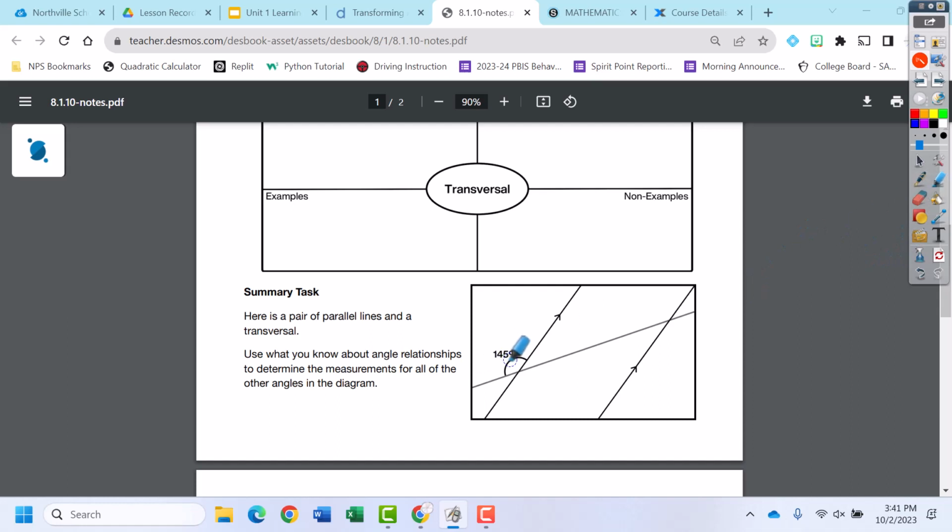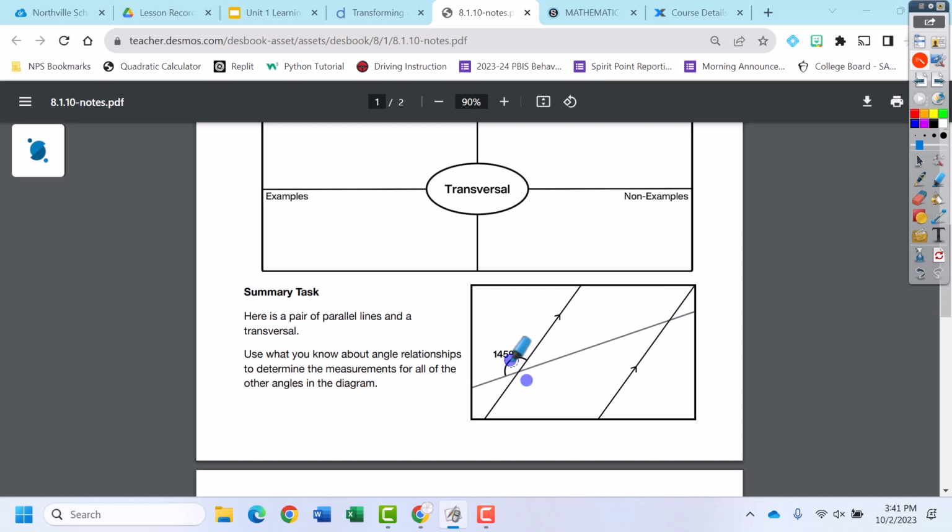So if this is 145 degrees, then the angle vertical to it is also 145 degrees. I'm just going to mark it with a blue dot to indicate that it's the same as the 145. And since I know that I have two parallel lines, let's look at this bunch of angles here and see if any of those are 145.